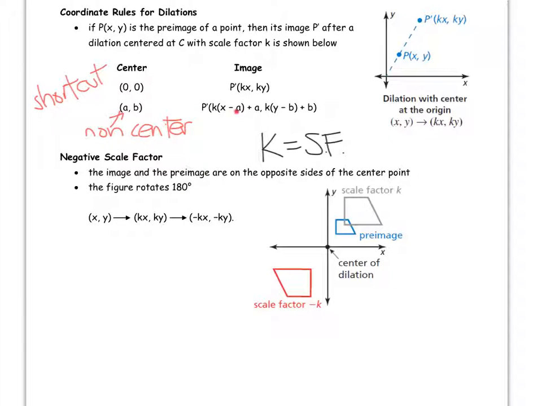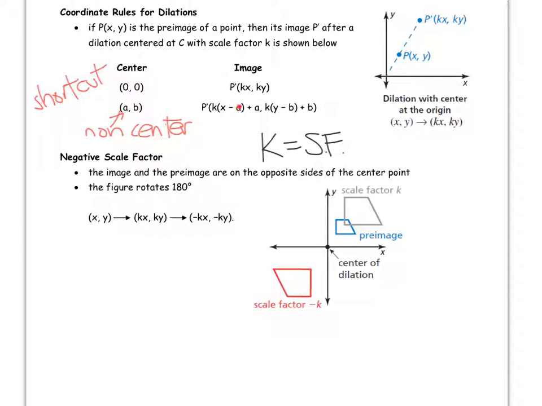But we also have a very complex formula, as you can see here, for points that are not the center. So a lot more work to figure out where the new point would be. K is still our scale factor here, as you can tell.